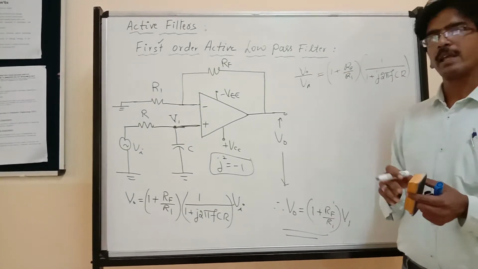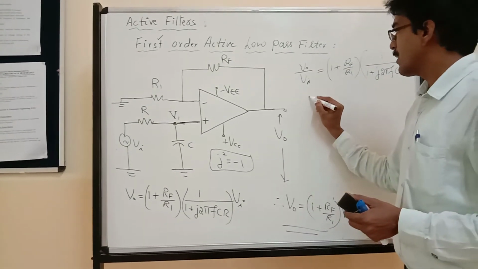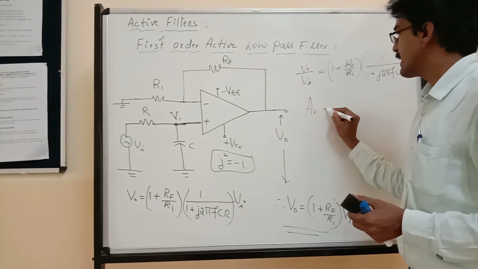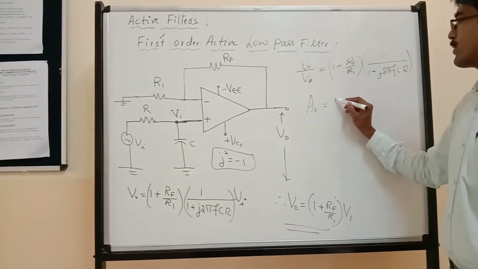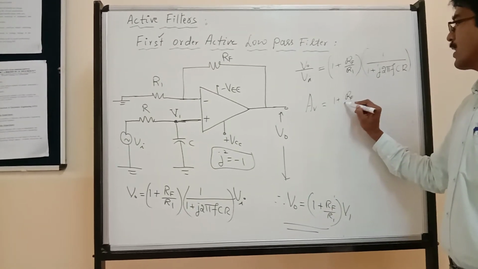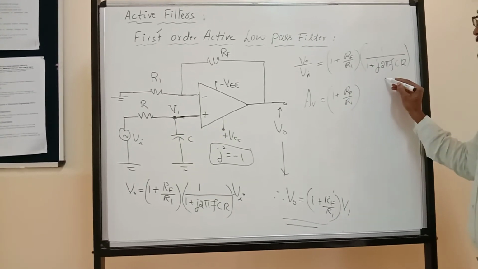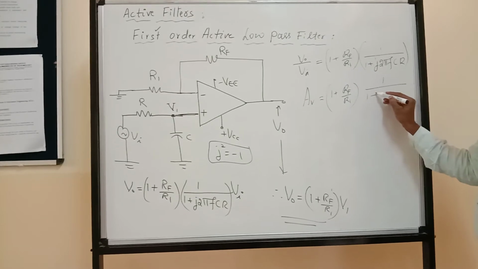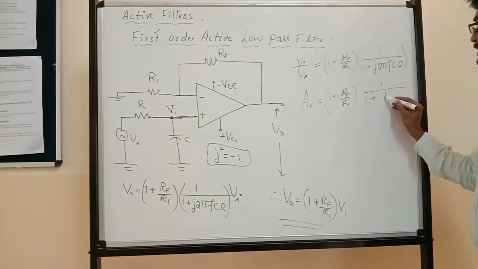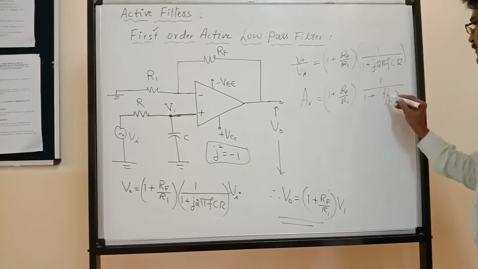So V0 by VI is the closed loop voltage gain AV, which is 1 plus RF by R1 into 1 divided by 1 plus J, I'll keep f as it is, divided by fc.